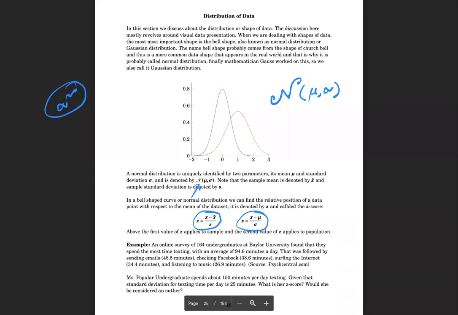These are arbitrary values. You can always convert it into something called standard normal distribution. So please remember that.